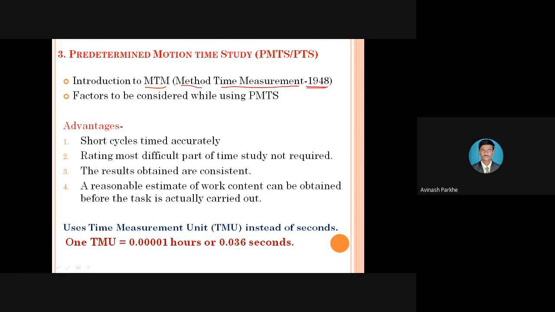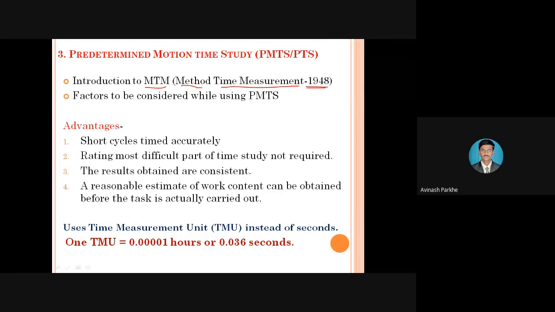That means before starting the activity, if I calculate the time to perform that particular task, that concept is called predetermined motion time study, also called predetermined time standards. And like that, we use this activity in our day-to-day application.